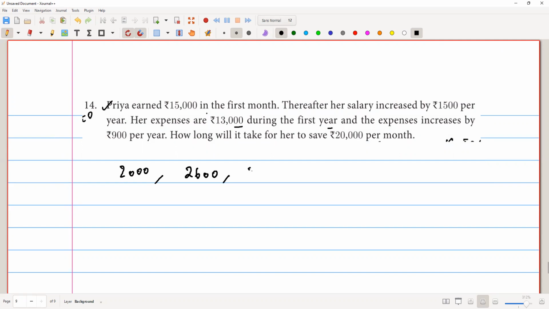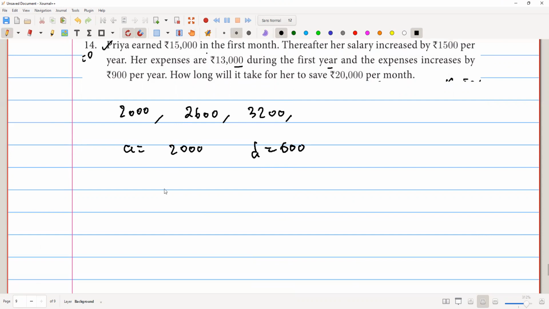Next year is 3,200. So A equal to 2,000, D equal to 600. We need 20,000, L equal to 20,000. N equal to number of years. N is what we have to find.